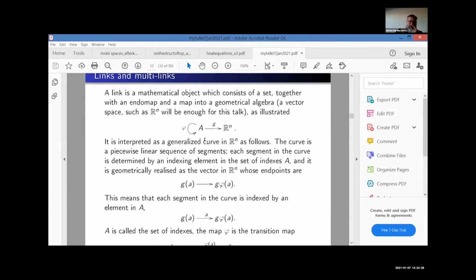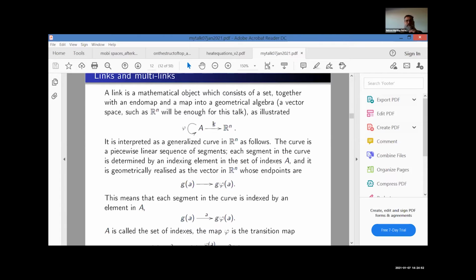So the expressiveness of this structure can be seen as follows. We interpret the elements in this set A, which are just indexes, say number 1, number 2, etc., as not only vertices or points, but also the arrows themselves.